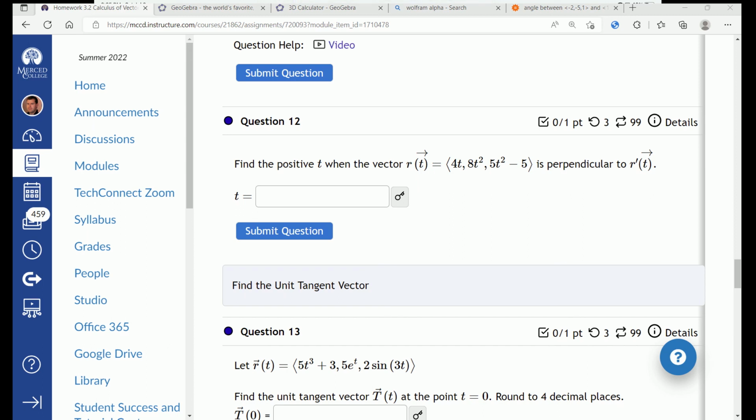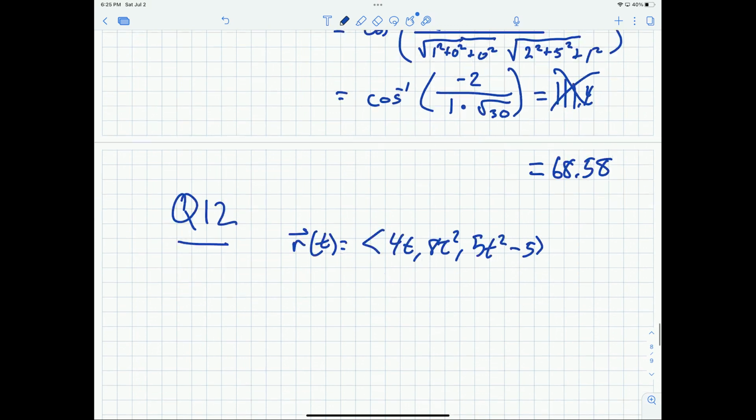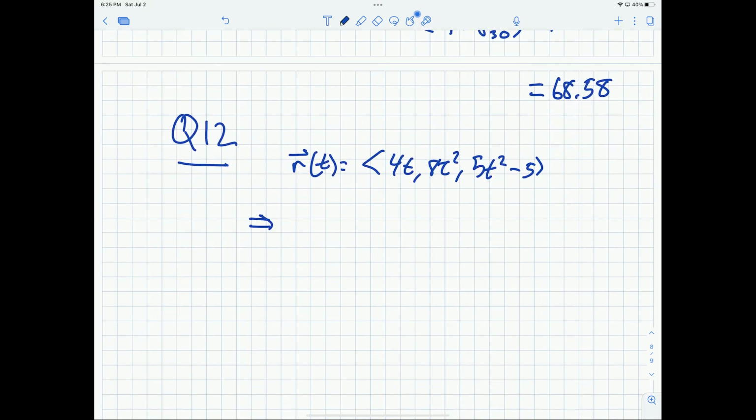All right, so let me write down that r of t is 4t, 8t squared, 5t squared minus 5. And we want the t value where r and r prime are perpendicular. So first you find r prime, which is just the derivative.